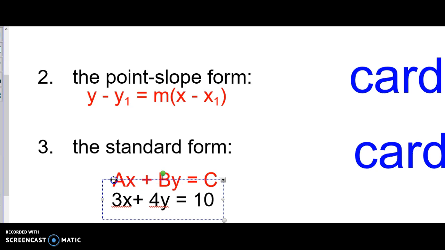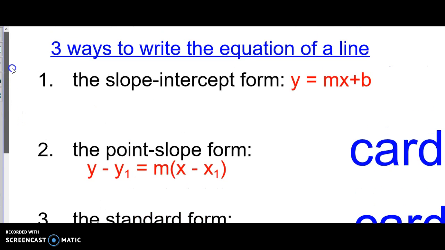This equation, the way it's written, doesn't really tell us any points it's going through, doesn't tell us a slope. Okay, we got a 3 in front of the x, but that doesn't mean that that's what the slope is. In order to know what the slope is, we've got to have it in one of these 2 forms, like this, y equals mx plus b, or in the point-slope form.